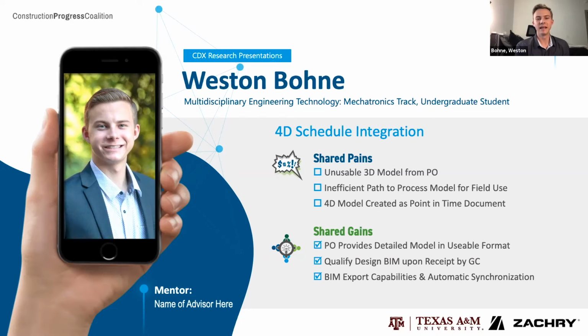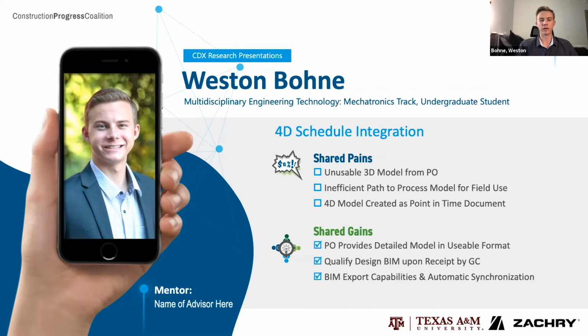So as you can see, we go from an unusable 3D model to a model that's going to be checked for details and ensure that it's in a usable format. So it goes back to the whole point of CDX, that communication between owner and general contractor. And then we're taking a really inefficient path to process the model for field use and assuming that it's going to be fixed basically by the fact that the model will be pre-qualified before it even hits those steps.